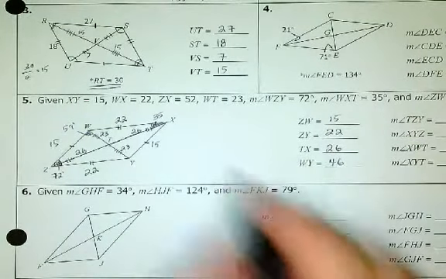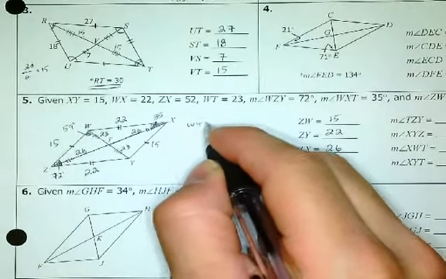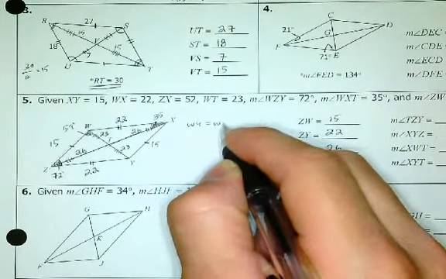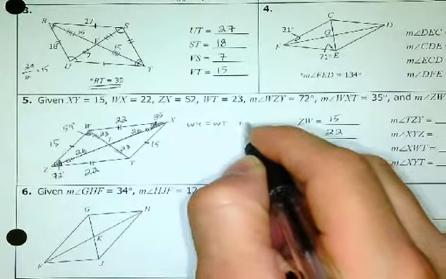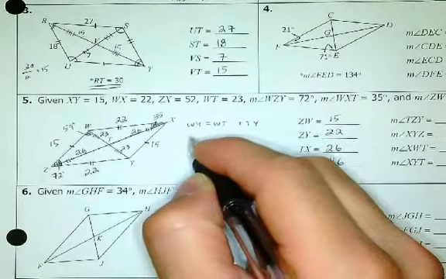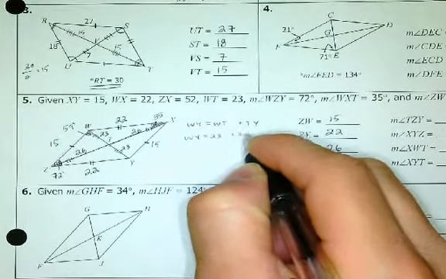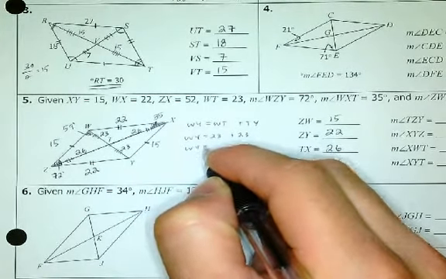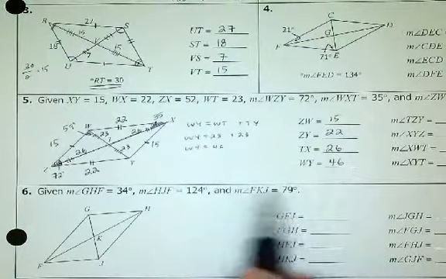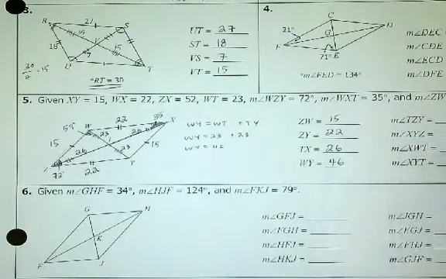So WY equals WT plus TY. WY equals 23 plus 23, and that is 46. This is just segment addition postulate. That's all that is.